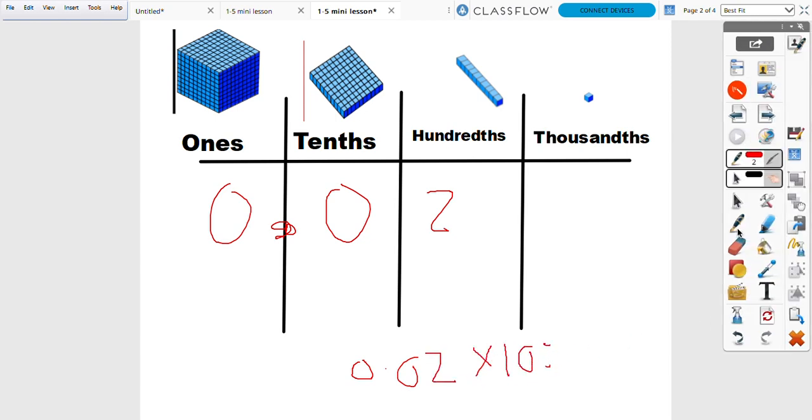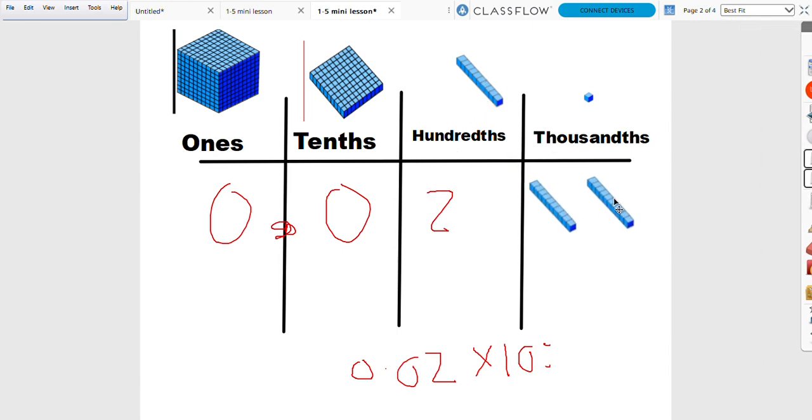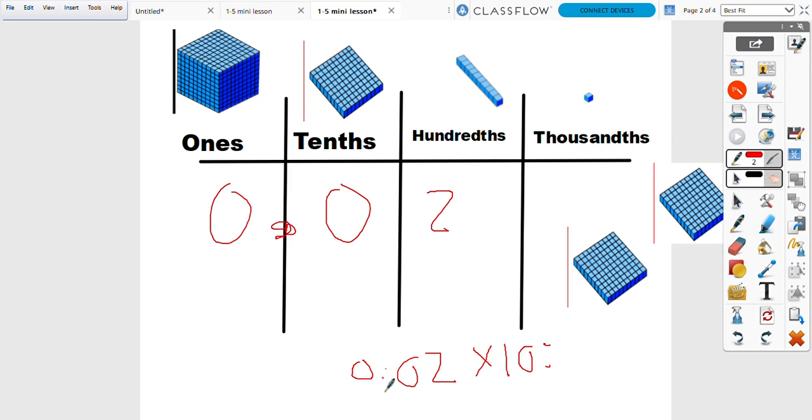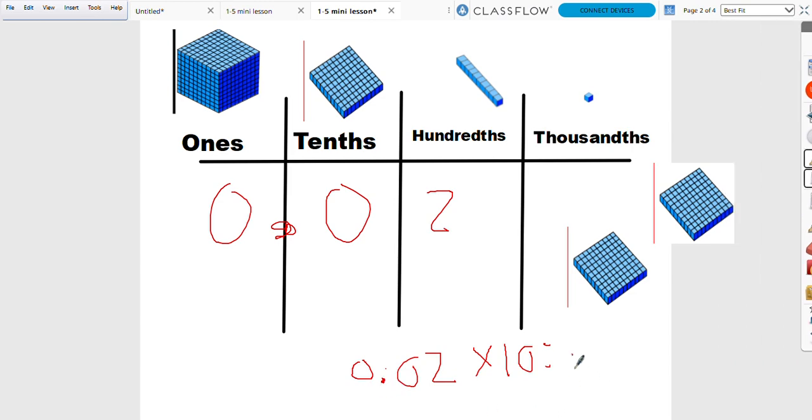Think about if you multiplied these two by 10. You would have 20 of them, correct? 2 times 10 is 20. If you had 20 of these blocks, really you have 2 of these ones because there are 20 there and we bundled them up by 10. And if you remember that these are tenths, 2 hundredths times 10 is really 2 tenths.